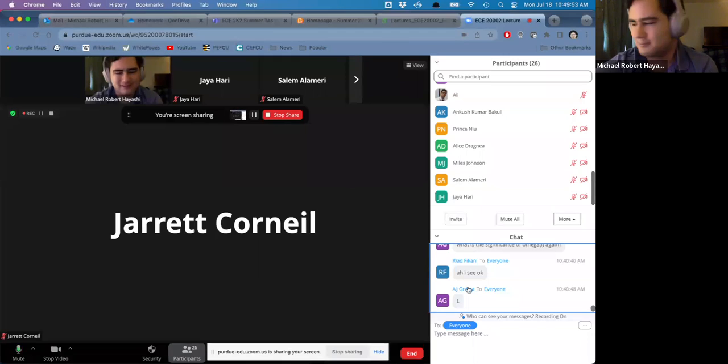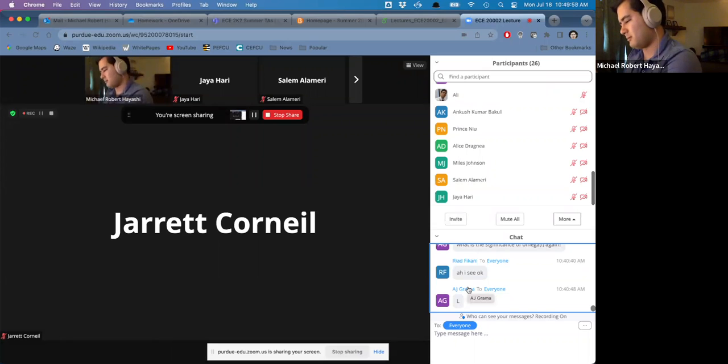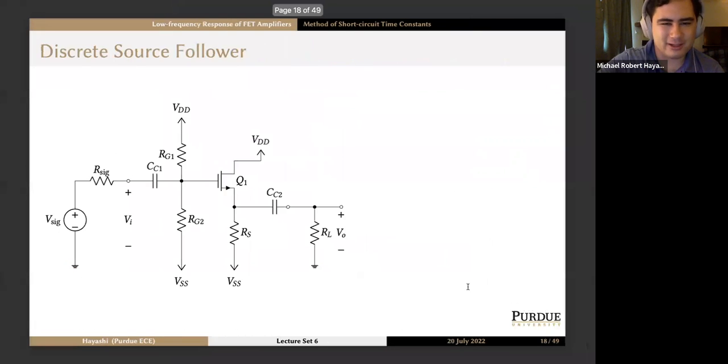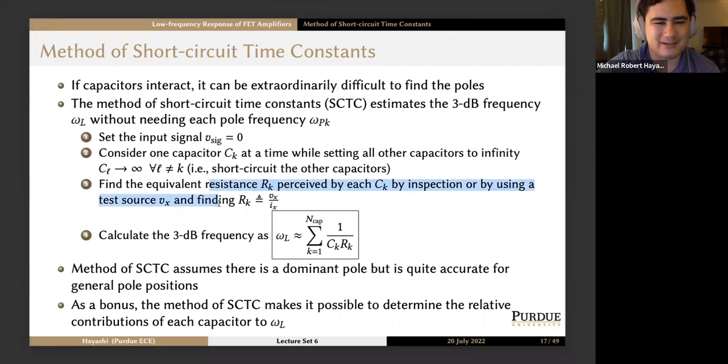What questions do we have? Yeah, you will have a very bad time if you've been doing the hybrid pi model only, because everything you do would basically require you to go through this step of finding the equivalent resistance by applying a test source and then measuring the test current.